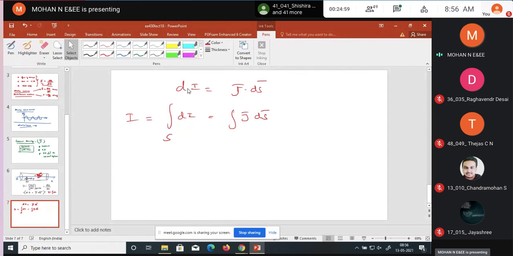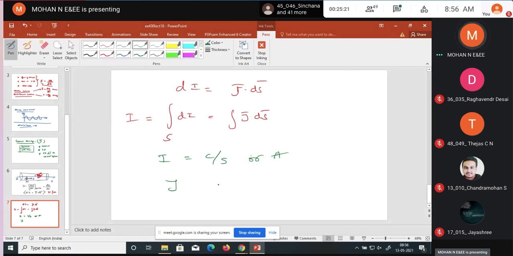What is the unit of current? It is coulombs per second, generally known as amperes. And what is the unit of the current density?